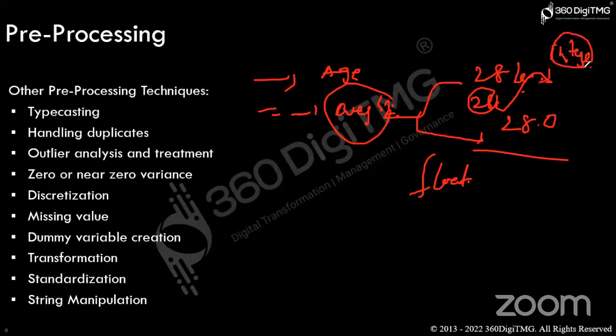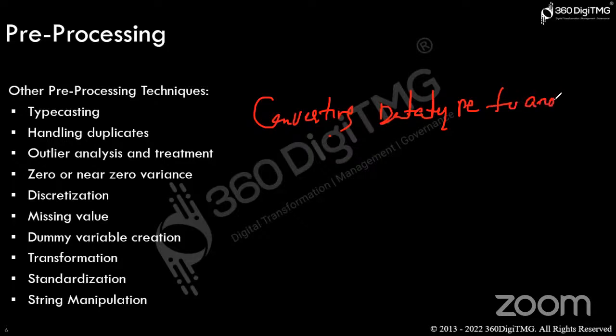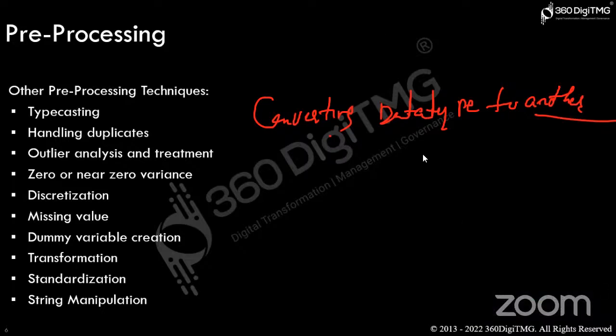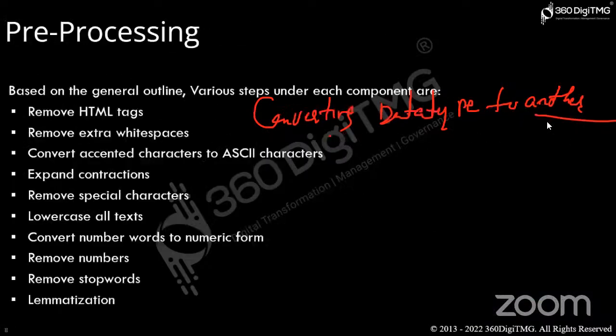But you don't want an integer, you want to convert it into float. In that case, you can use typecasting. Typecasting means simply converting one data type to another data type.